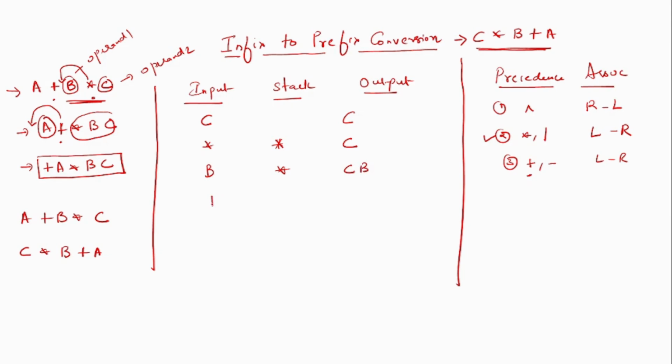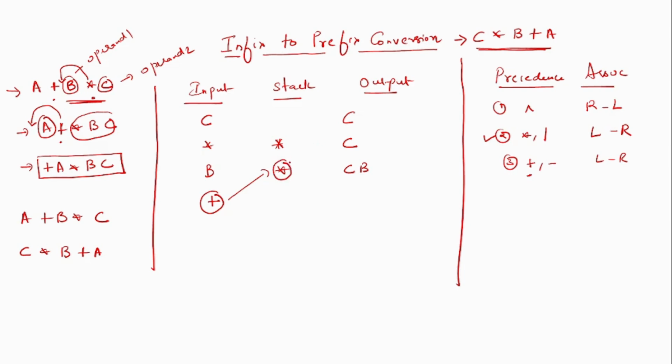Then comes plus. Now plus is an operator, and star is an operator, right? According to the rules which we have seen in the previous videos, if the incoming operator has less precedence than the operator in the stack, then we pop the operator out of the stack and then push the incoming operator into the stack.